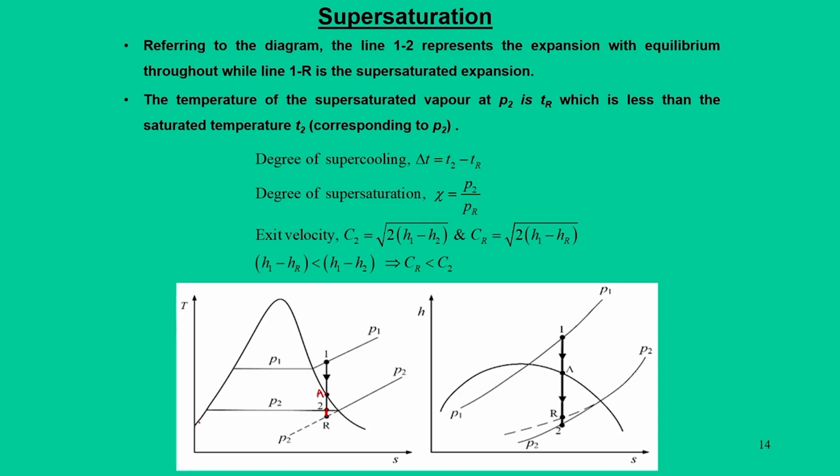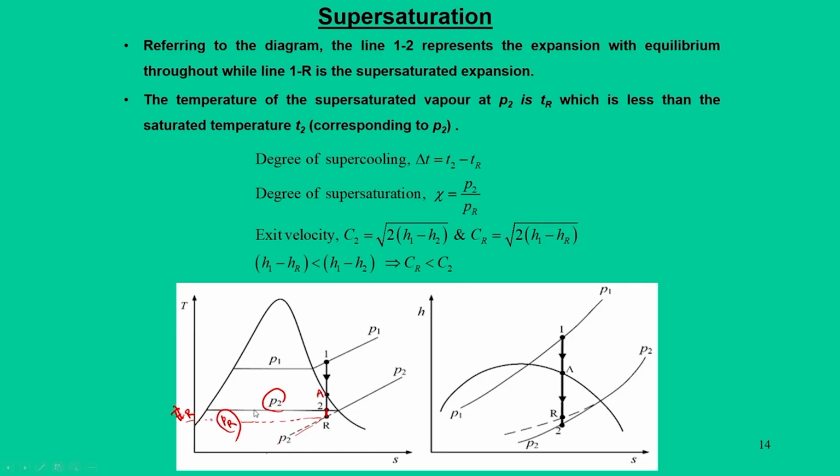If you draw a line at point R, we can say PR; we know the condition P2, and the line of P2 is extended, but at this point the actual pressure is PR, and the temperature will also be TR. So, PR and TR are known to us, and we see that PR is less than P2 and TR is also less than T2.